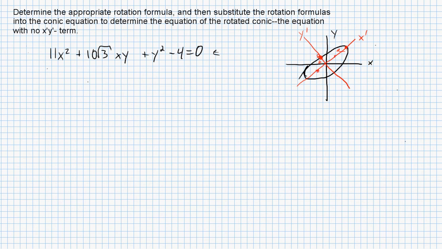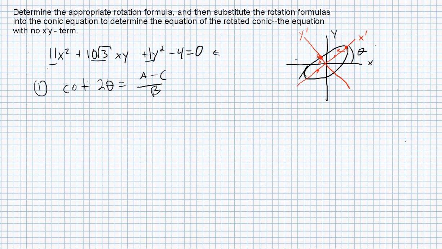Anyway, the first step of that process, number one, is to calculate what the rotation angle theta is going to be. And our formula is cotangent of 2 theta is equal to a minus c over b. Well, there's the a, there's the b, and there is the c. c is 1.